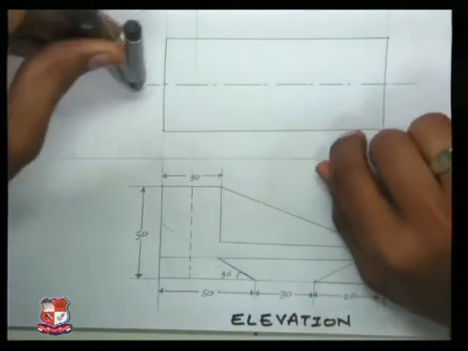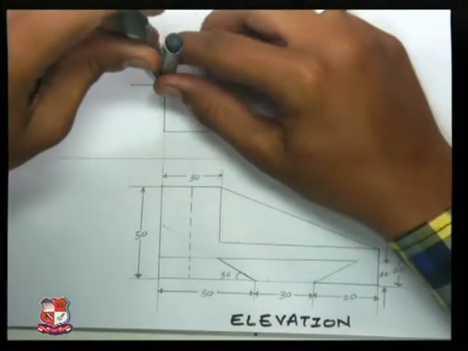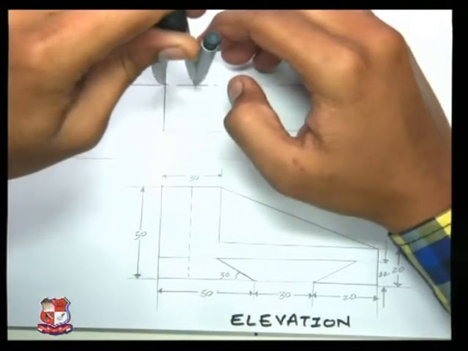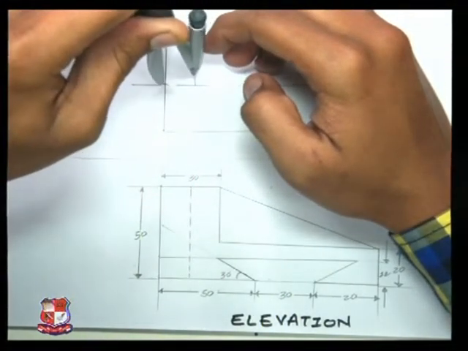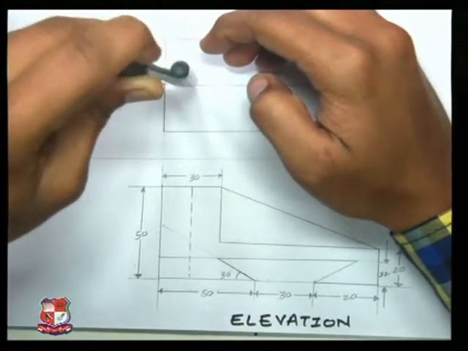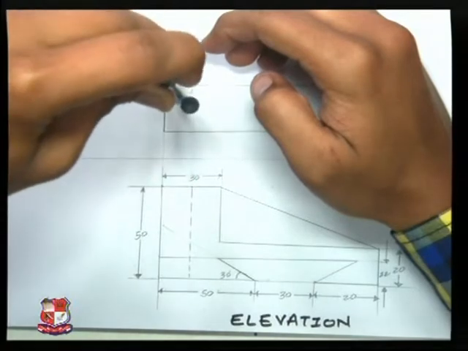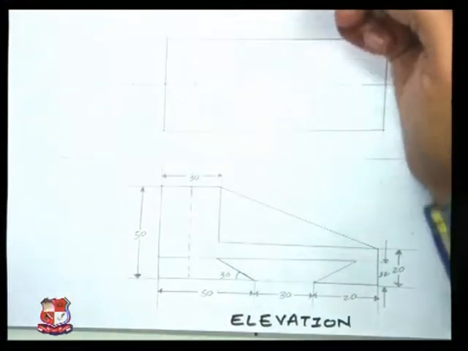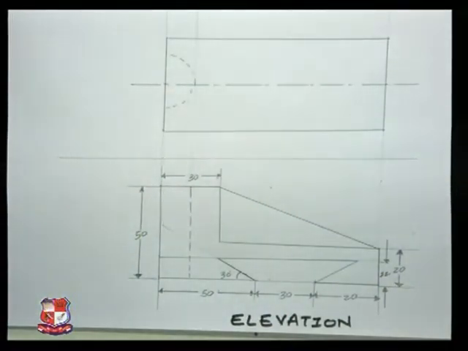As we cannot see this circle fully from the bottom view, that's why it will be in the hidden line. It will come in the hidden line.